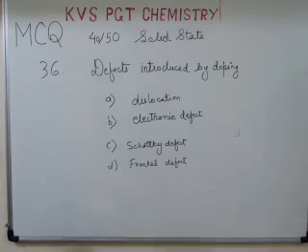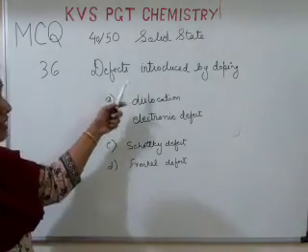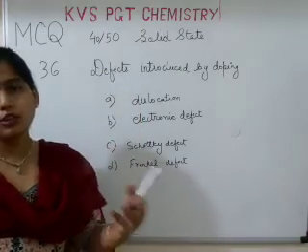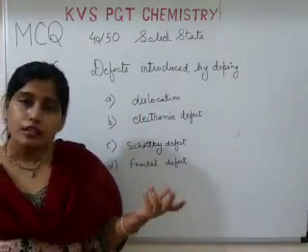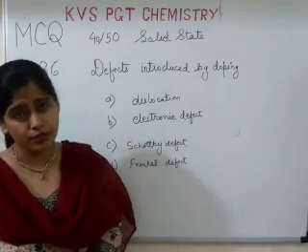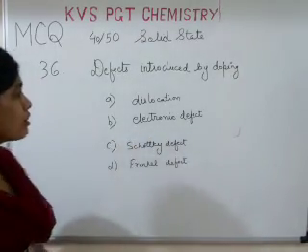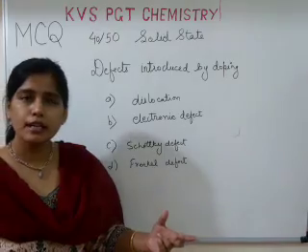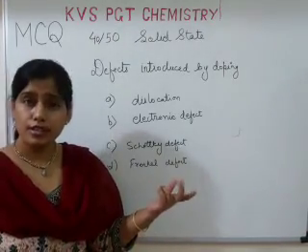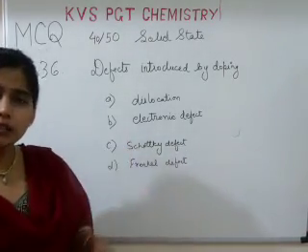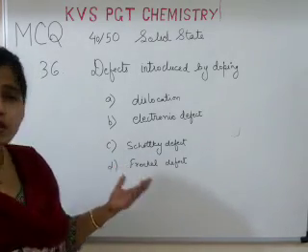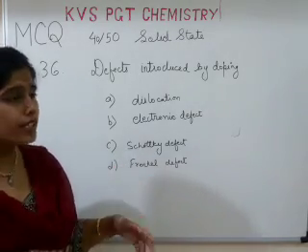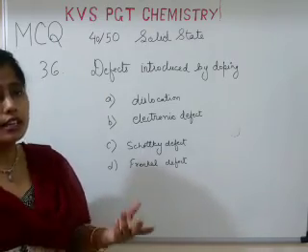Now in the next question it is asked, defects introduced by doping. What do you mean by doping? In doping you are adding an impurity either of group 13 member or of group 15. So one impurity is caused by the presence of an extra electron, and the other impurity, that means p-type impurity, is caused due to the lack of one electron, or you can say due to the electron hole.